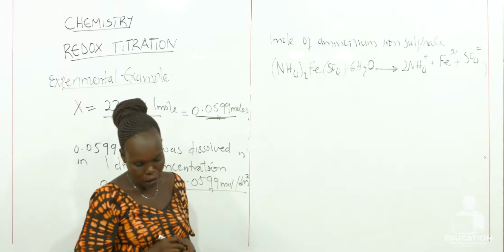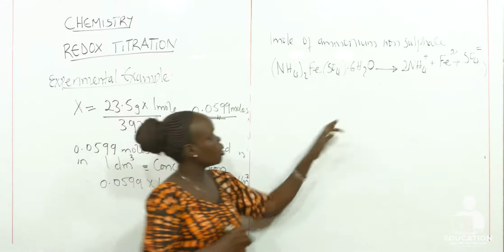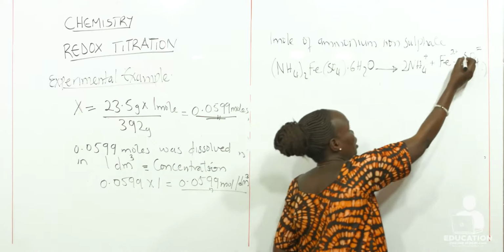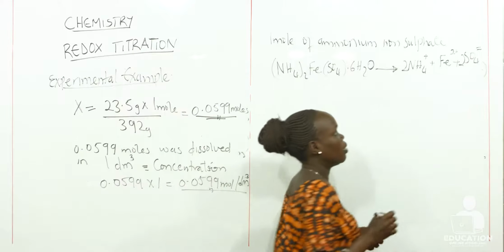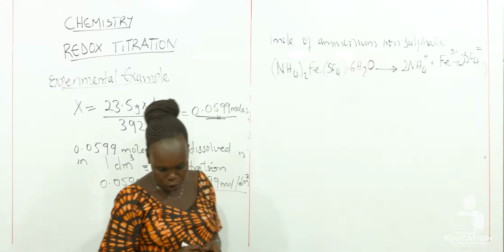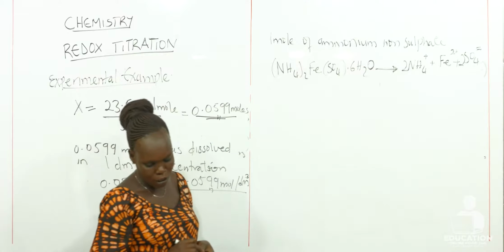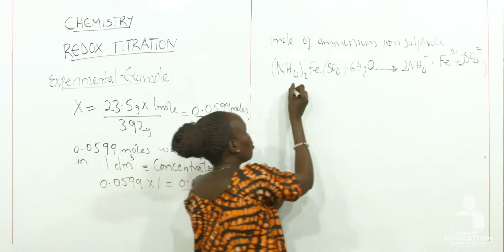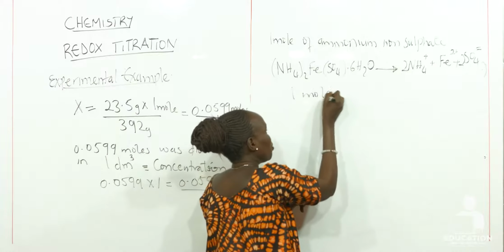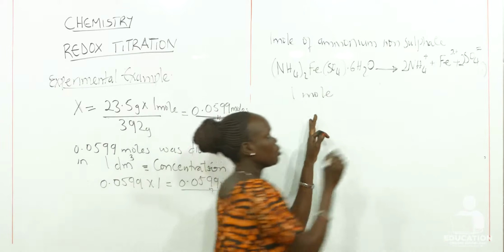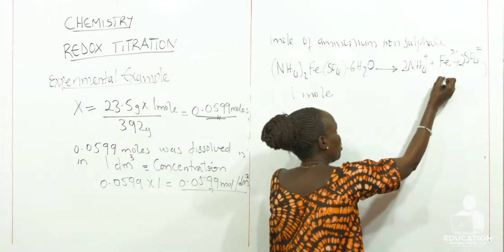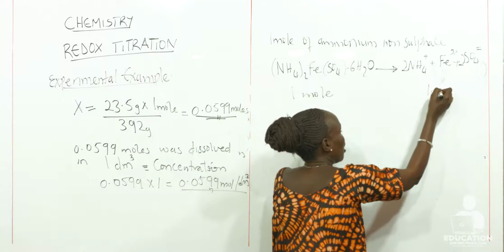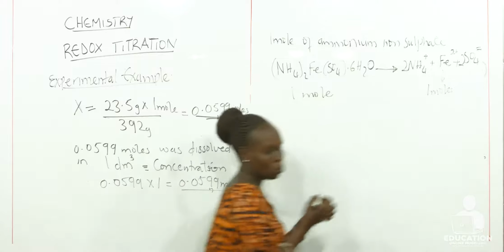So these are the ions that have been given out. We have ammonium, we have iron(II), and then we have sulfate ions. So 1 molecule of ammonium iron sulfate in aqueous solution produces 1 molecule of iron(II).